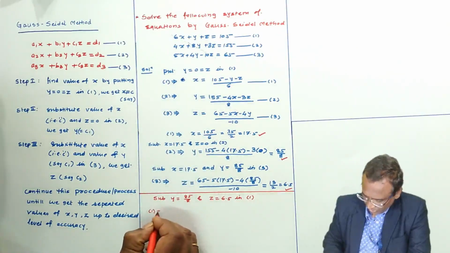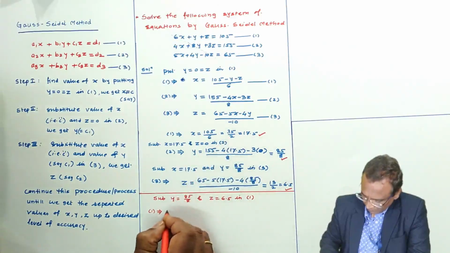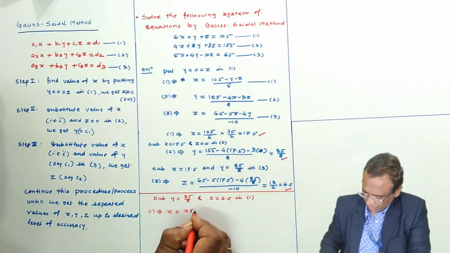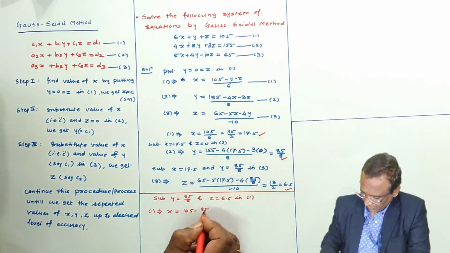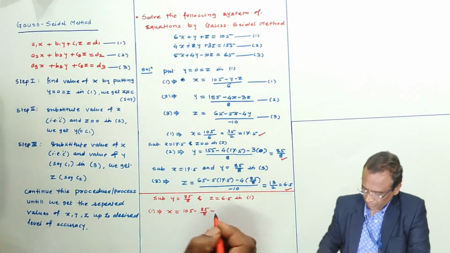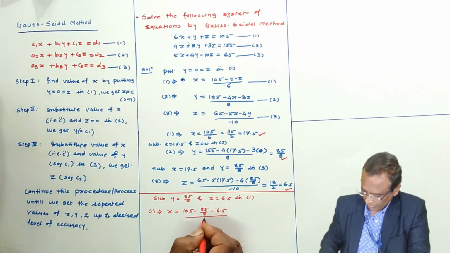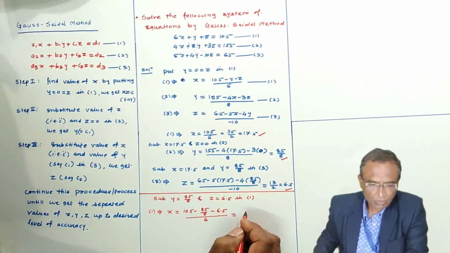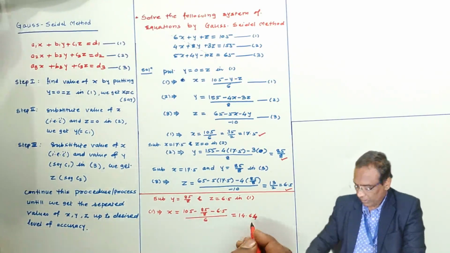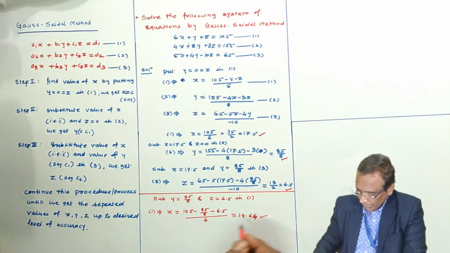Equation 1 is x equals (105 minus y, 85 by 8, minus z, 6.5) divided by 6. Now the value of x is 14.64. This is the latest value of x.